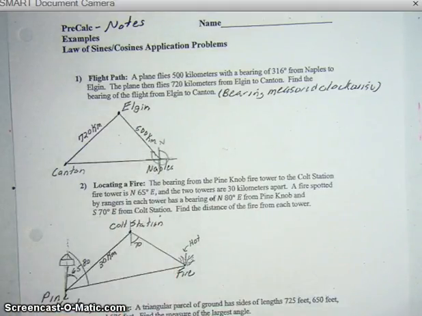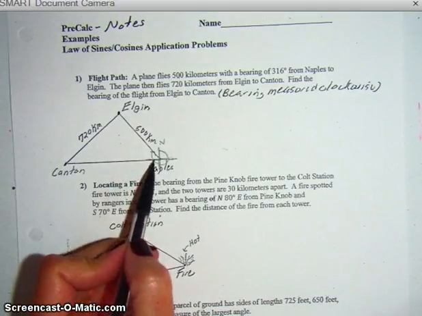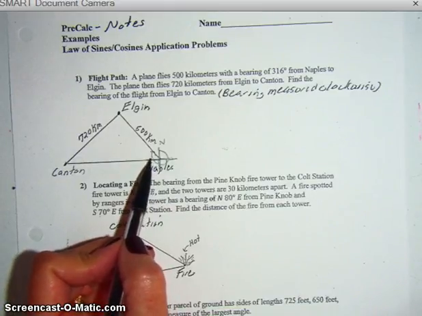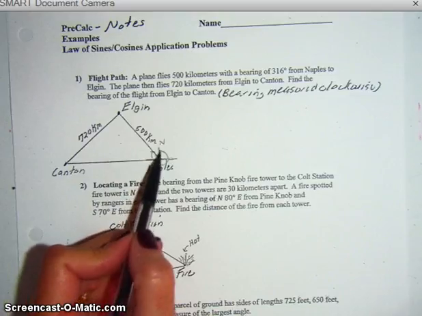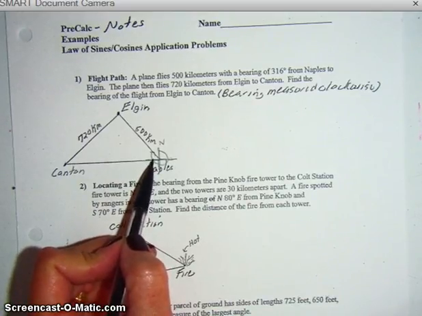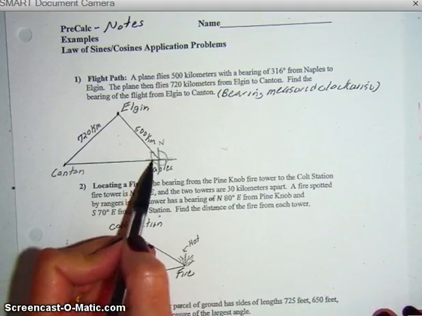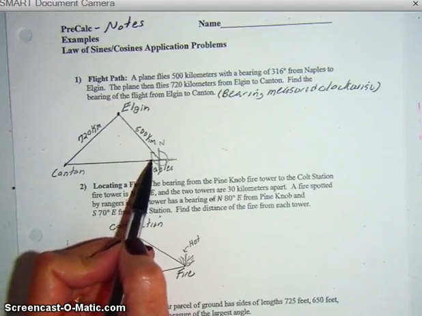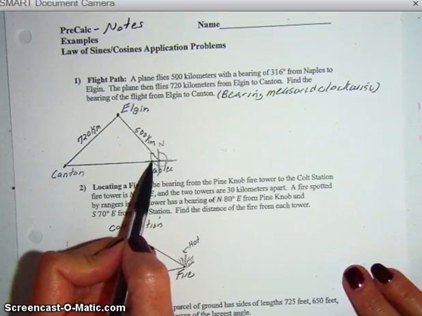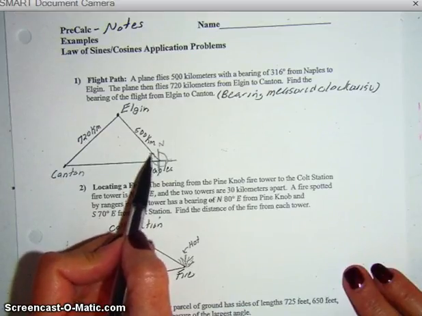Okay, so you take 90 minus 46. Where are you getting 46? Because the third quadrant, or like the third bearing line, would be 270.